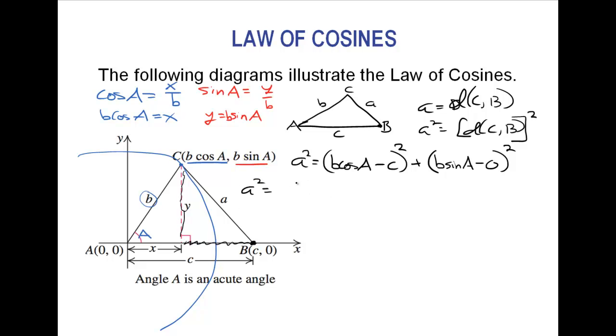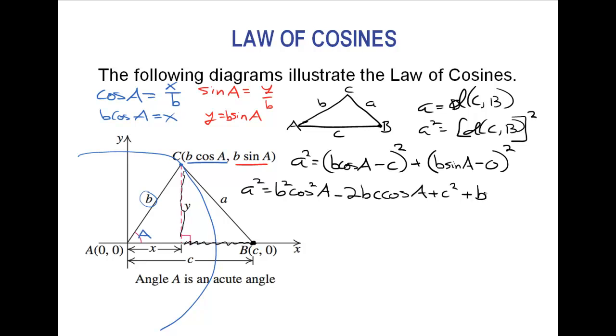A squared is going to be b squared cosine squared of a minus 2bc cosine a plus c squared. When you square this, since you're minusing 0, you're just squaring this piece.